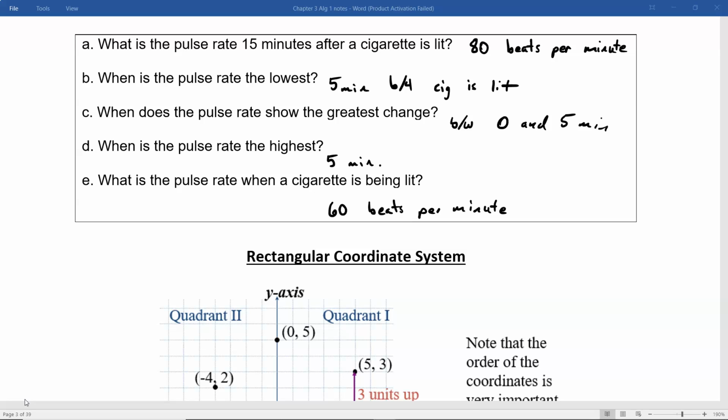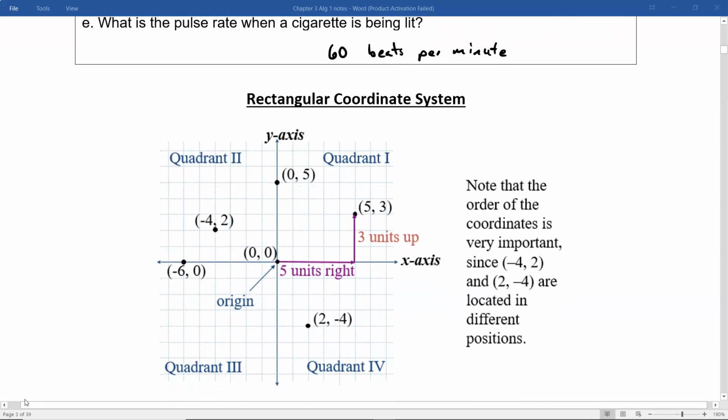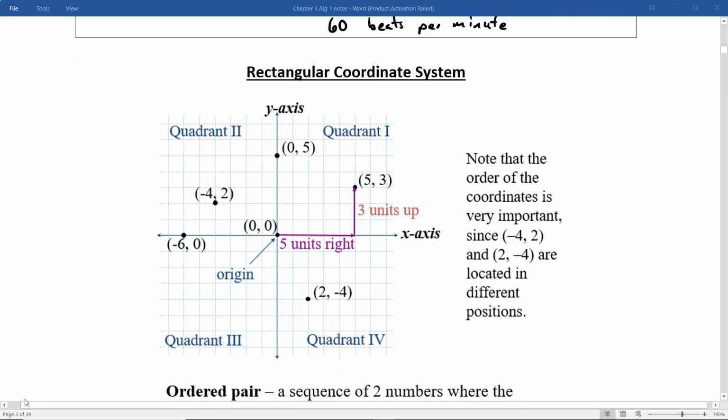So let's go ahead and move on to the next big topic we're going to talk about, the rectangular coordinate system. So this is a lot of information at once, but I'm going to try to break it down as neatly as I can. So the first thing, these axes right here are just number lines.